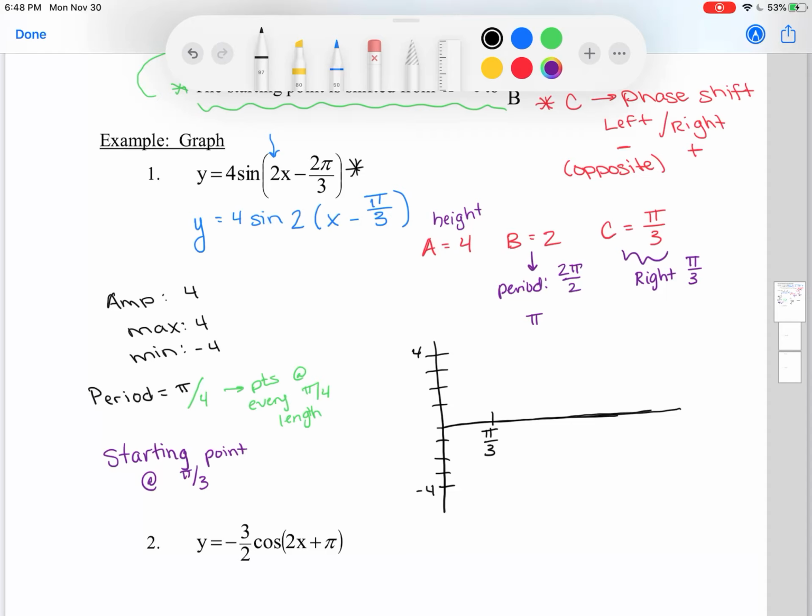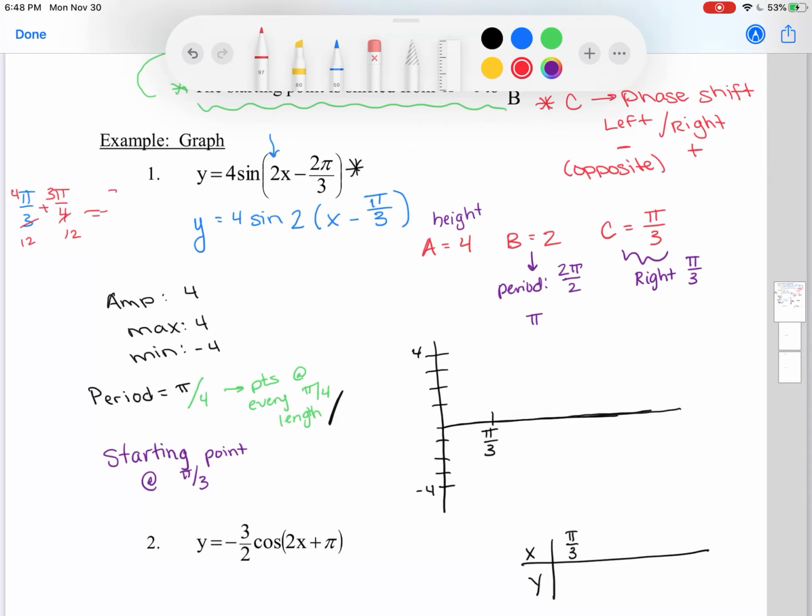And now, with my starting point at pi thirds, we can make a little XY table here to help us, if we need it. I'm starting at pi thirds, and I want to go every pi 4ths after that. So if I think about that, if I got pi thirds for starting, and the next point I want to be at an additional pi 4ths, I need to get the same denominator, fix the numerators.